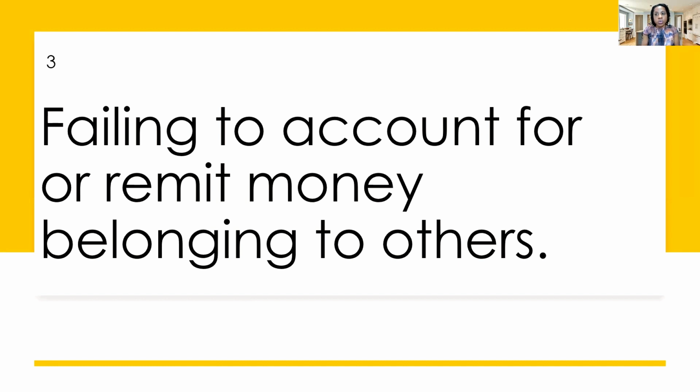So this individual was unable to account for the money and return it to the owner. And so that was one of the reasons this person's license was reprimanded. It's a fiduciary duty as licensees to be able to account for our clients' funds.